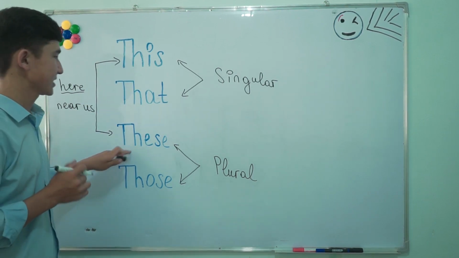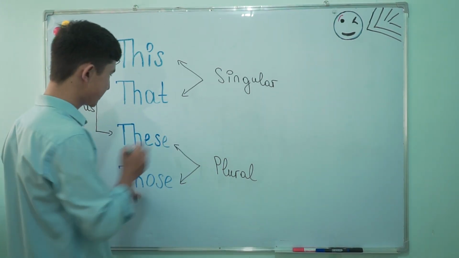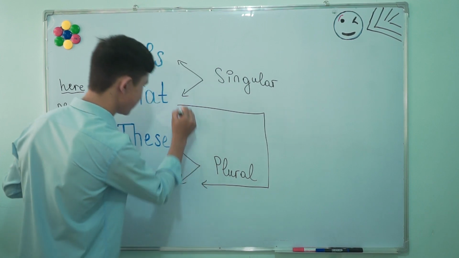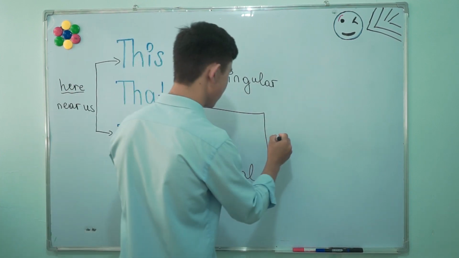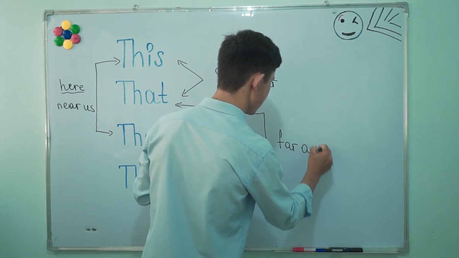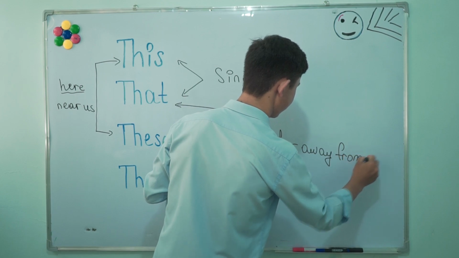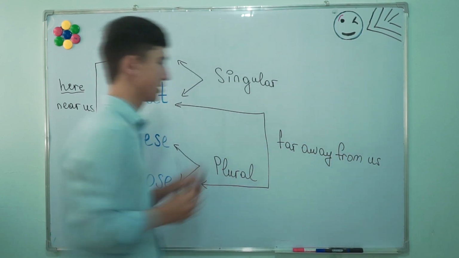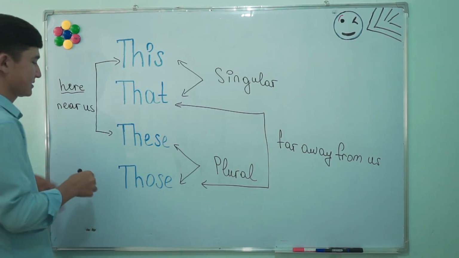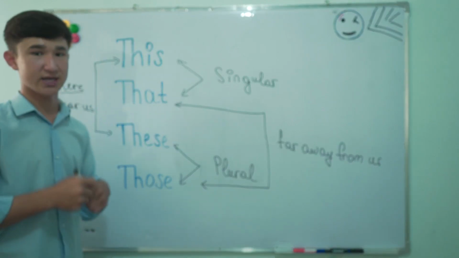That and those are far away from us. This and these are here near us, but that and those are far away from us, okay?